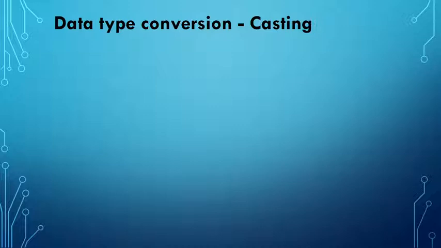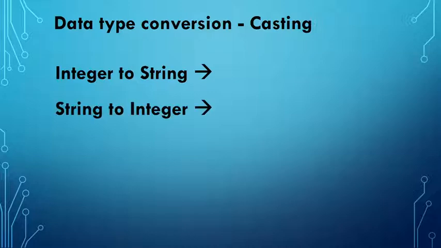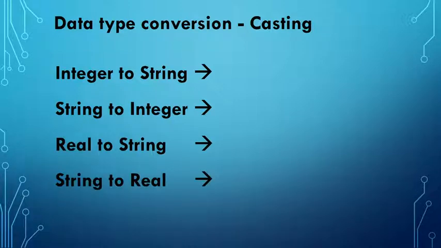And that process is called casting. So the first one, as I said, is an integer to string. We have a string to integer. We also have a real to string, and we have a string to real. So very simple, and you should have seen that yesterday in the example.